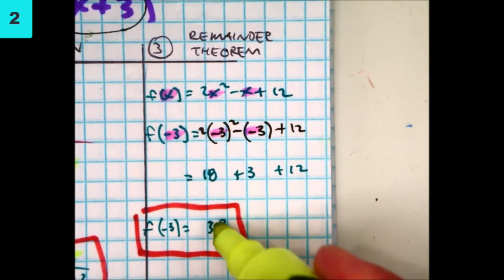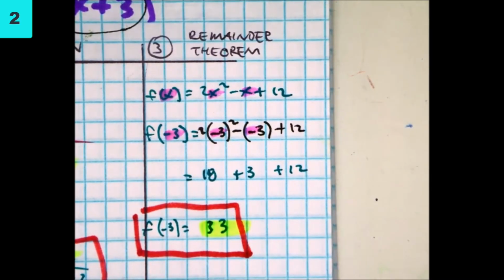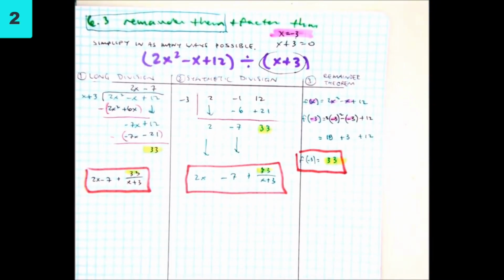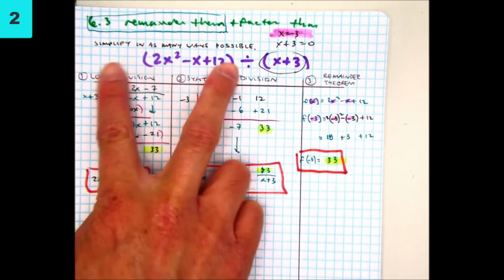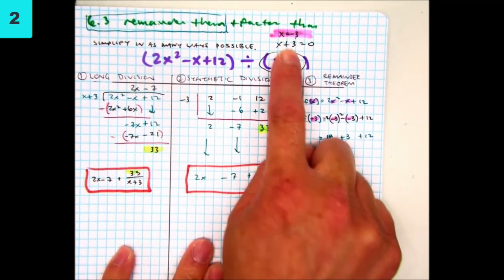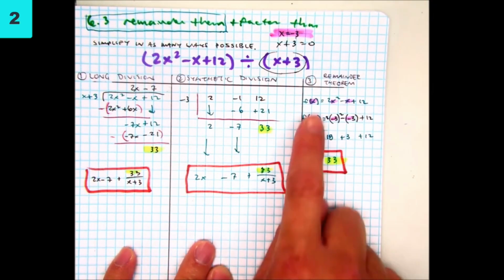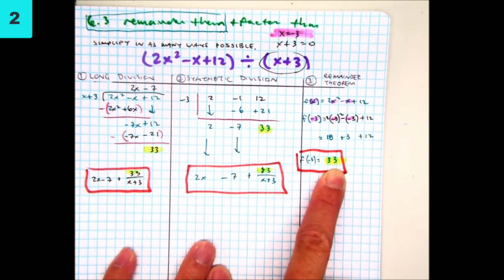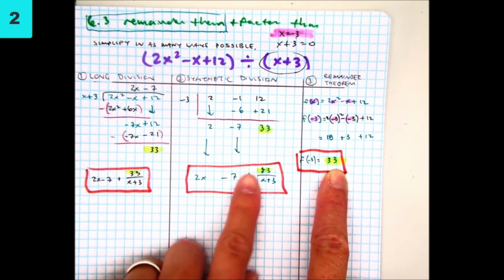So what is the remainder theorem? Instead of doing long division or synthetic division, you might have a super long polynomial. You could just take your x value, put it into your function, and basically your result after you evaluate is your remainder.